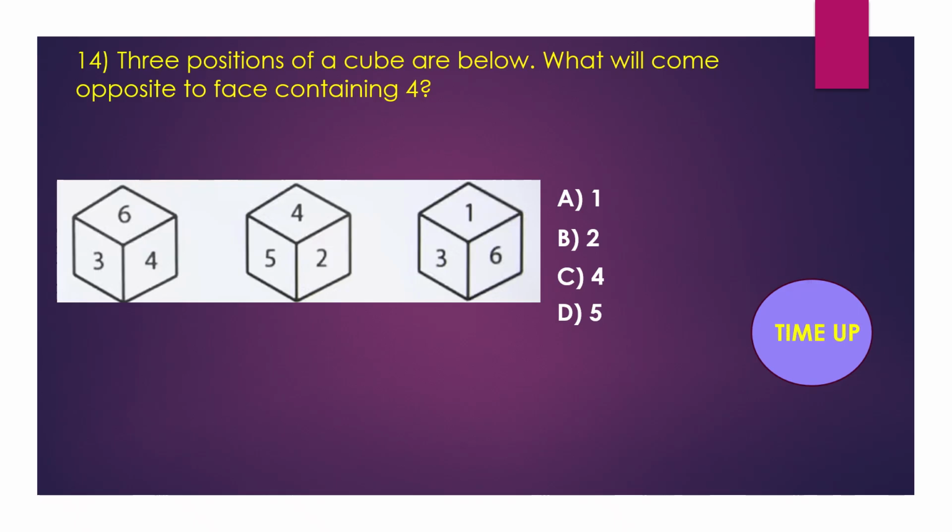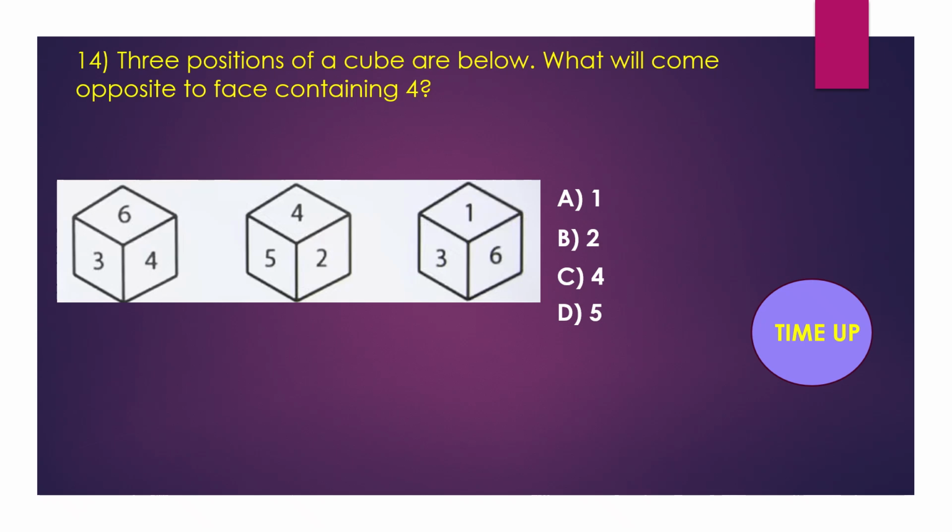Even if 2 dice come, 3 dice come or 4 dice come, the logic remains the same and they will ask you the opposite only. Sometimes in the question, some things they will add or some things they will delete. That's it.